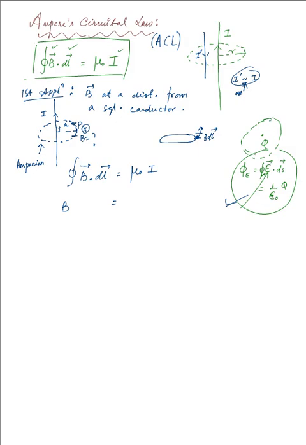So this results in B dl cosine of 0, because they are along the same direction.